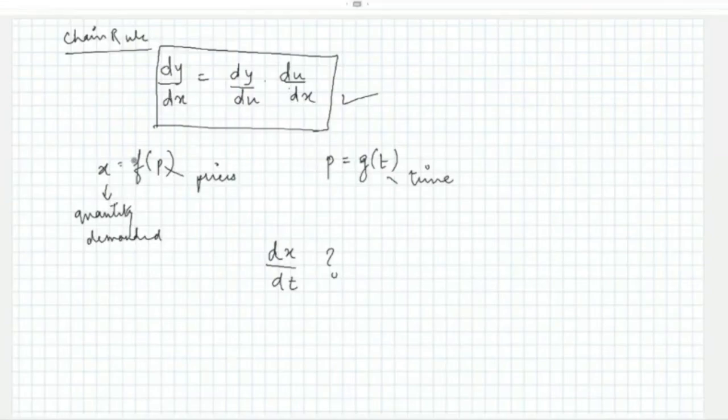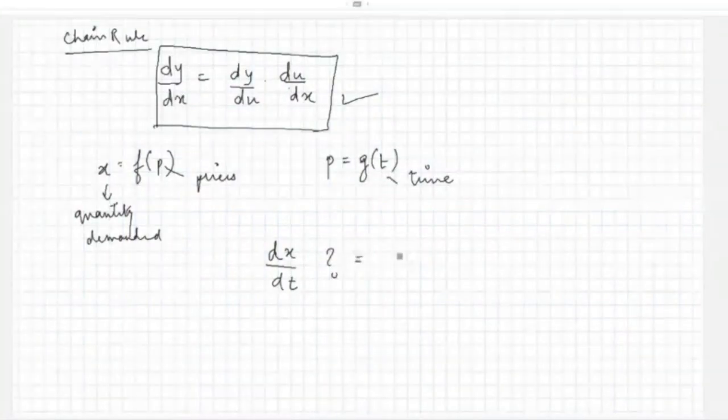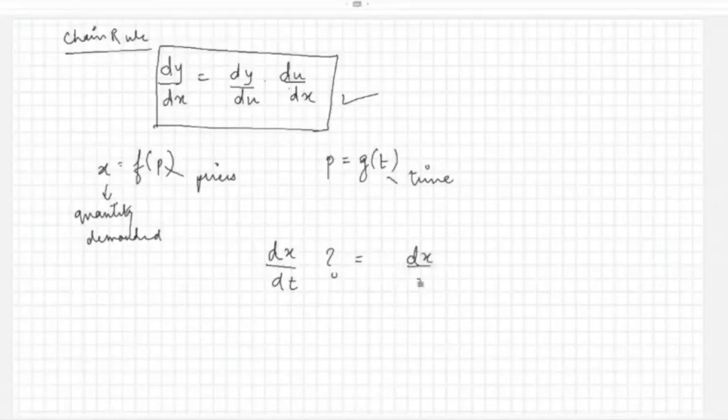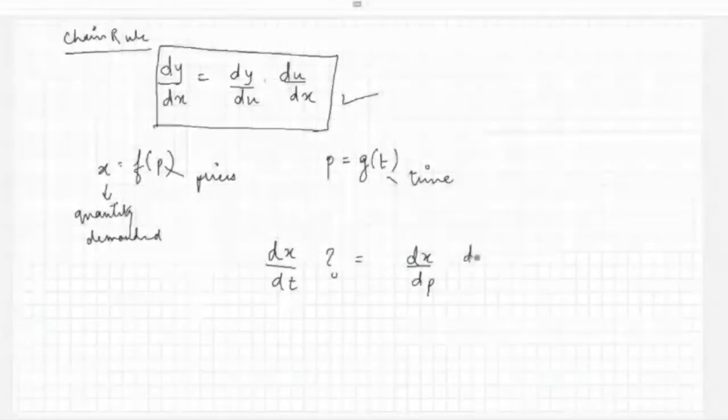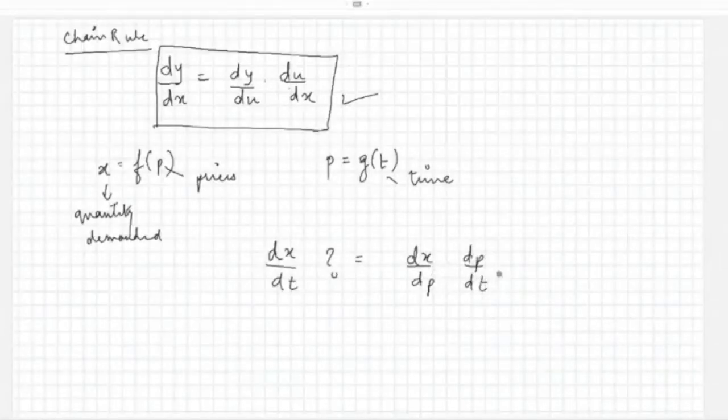यहाँ पे क्या हो रहा है? This is the same as composite function. x is a function of p and p is a function of t. So I apply the chain rule and I can say that dx by dt is nothing but dx by dp into dp by dt, right? So when time changes, there will be some change in price.